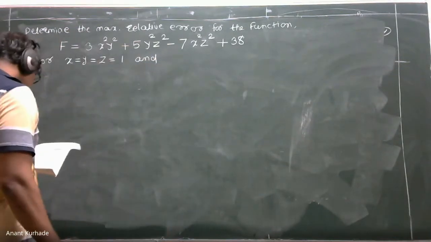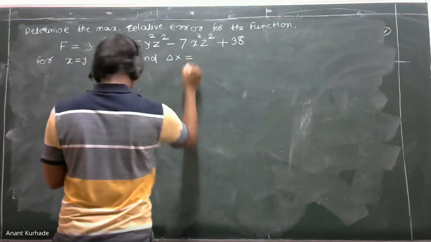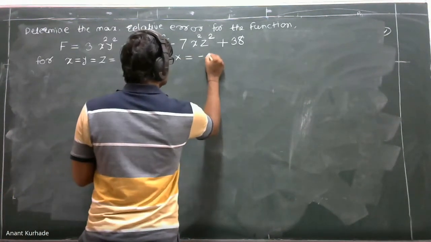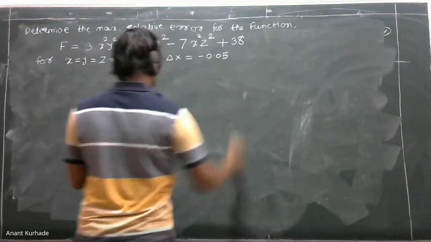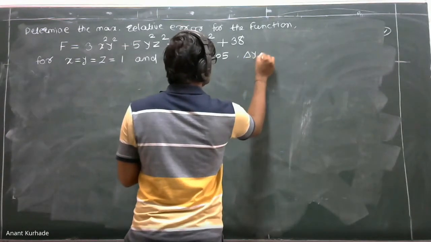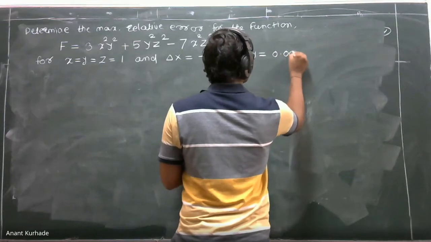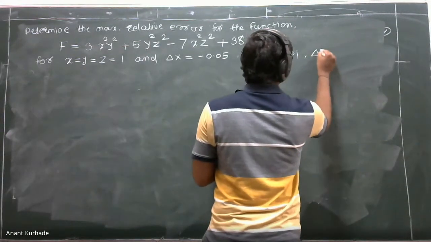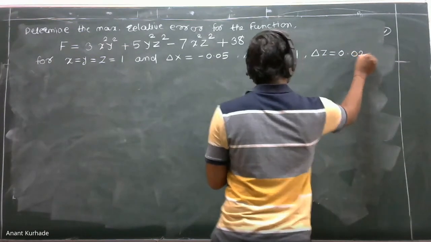Delta x is equal to minus 0.05, then delta y is equal to 0.001 and delta z is equal to 0.02.